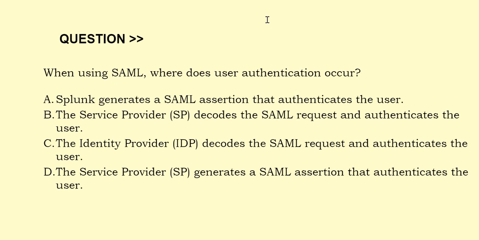When using SAML, where does user authentication occur? Option A. Splunk generates a SAML assertion that authenticates the user. Option B. The service provider SP decodes the SAML request and authenticates the user. Option C. The identity provider IDP decodes the SAML request and authenticates the user.